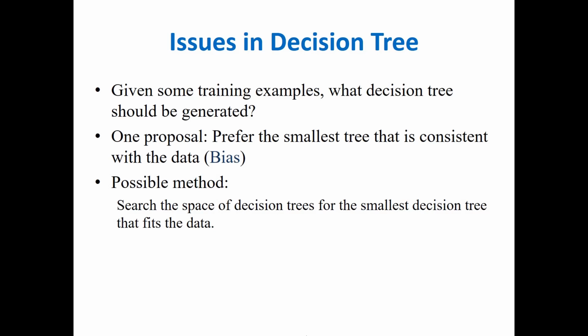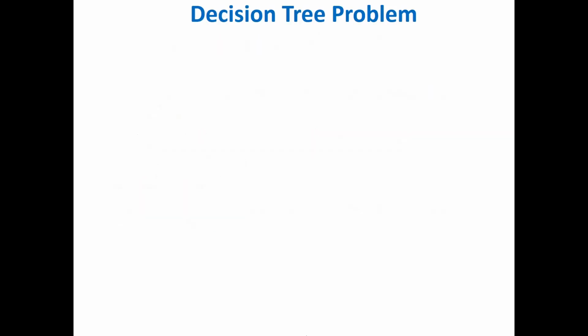For finding the smallest decision tree having the minimum depth, a possible method is to search the space of decision trees for the smallest decision tree that fits the data. Where we get the minimum error and the minimum depth will be the best tree. So that is the issue.